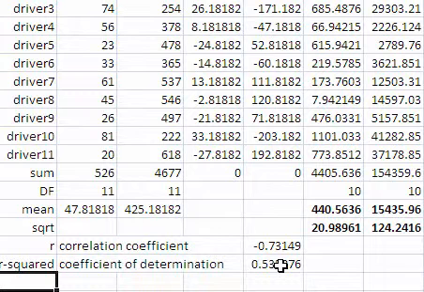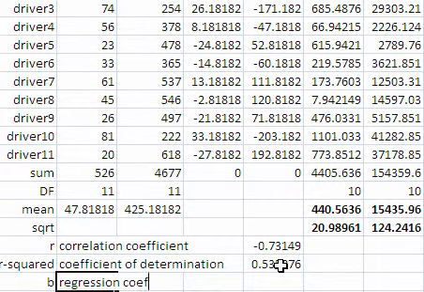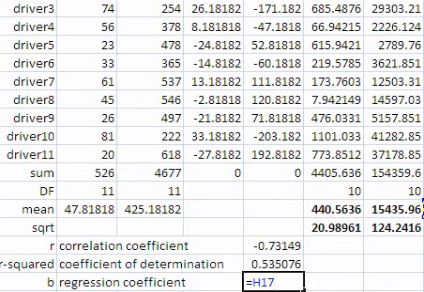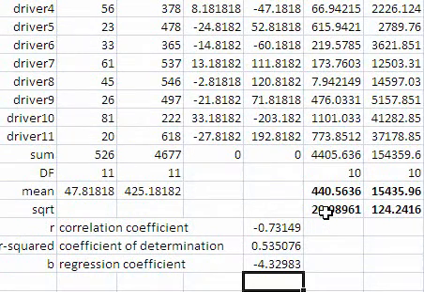We can also calculate the regression coefficient B. B, the regression coefficient, is equal to the covariance divided by the variance of X. It's 4.32983.